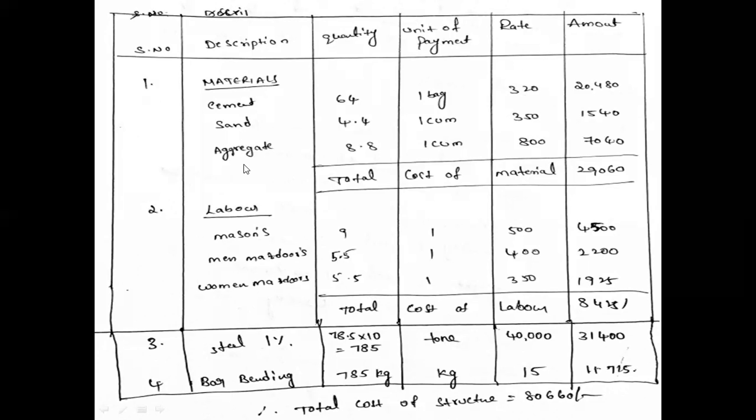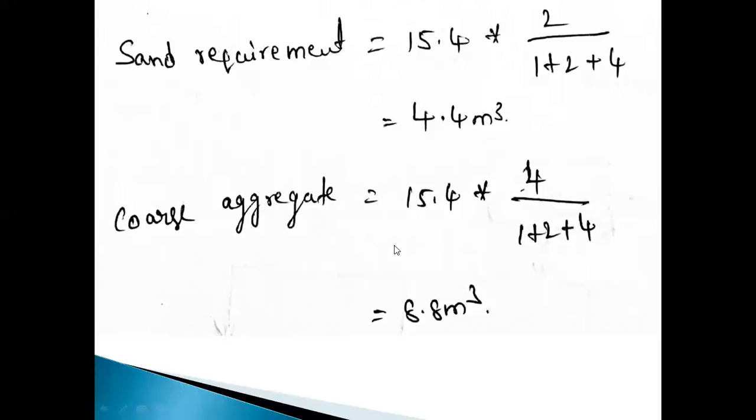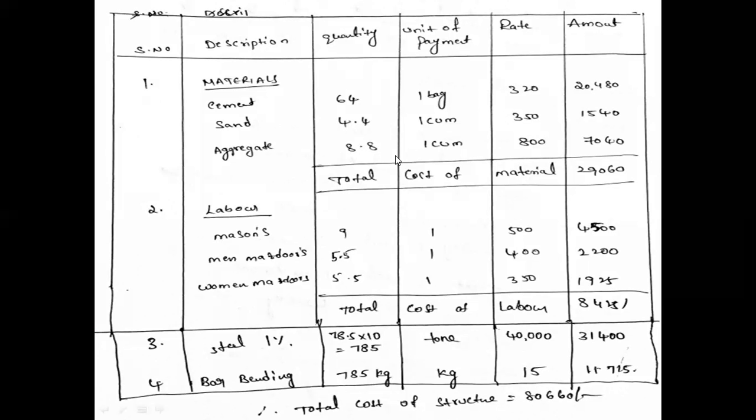Next one, aggregate. Aggregate quantity is 8.8, sand is 4.4. Unit of payment is 1 cubic meter, and rate is 800. 800 into 8.8, it is equal to 7,040 rupees for aggregate. Next, add the total cost of the material, these three values added, then finally 29,060 rupees.